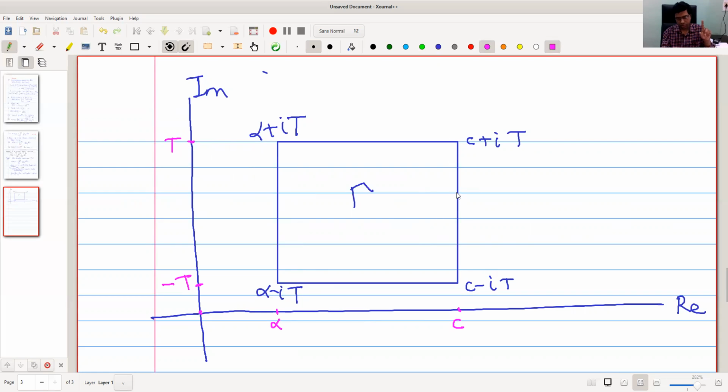Now we consider this as a directed rectangle. This is the boundary of gamma. The direction is anti-clockwise, or positive.